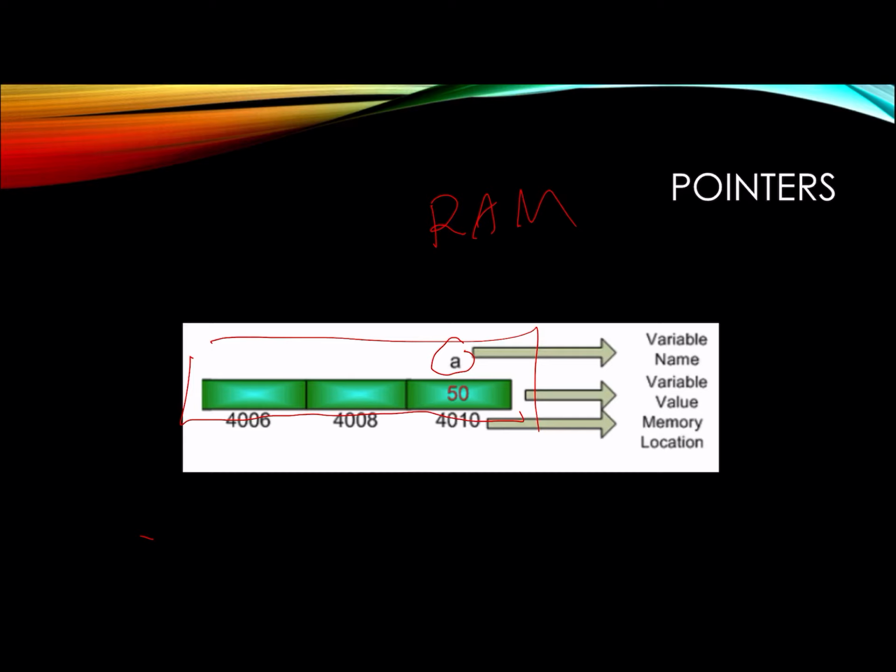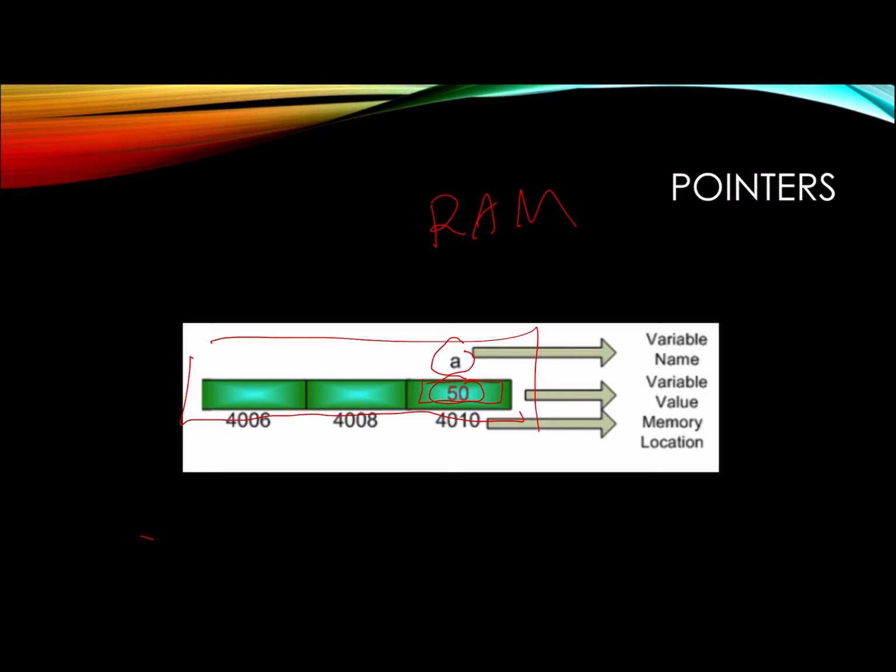So if we assume that this space over here was empty, then a would be put into 4010. But it could be in 4008, it could be in 4006. Remember, we are dealing with RAM.